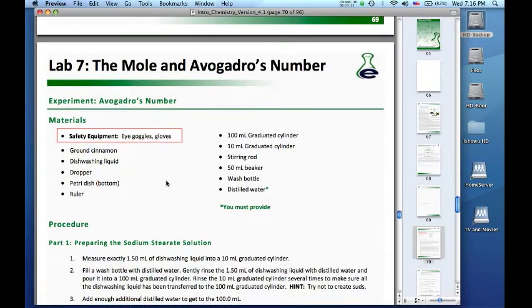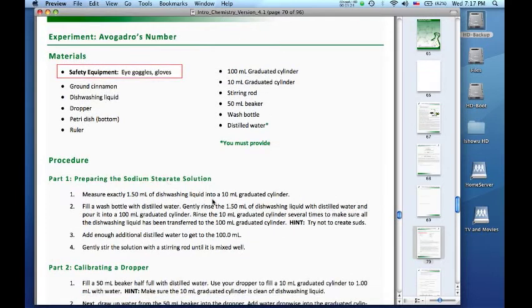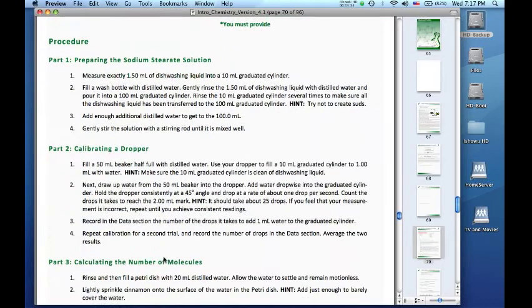Now we're going to try and give an estimate for Avogadro's number by using cinnamon. And this says here how to make some dishwashing soap. And then after you form this dishwashing soap, you take the calibrated dropper. The procedure is here.